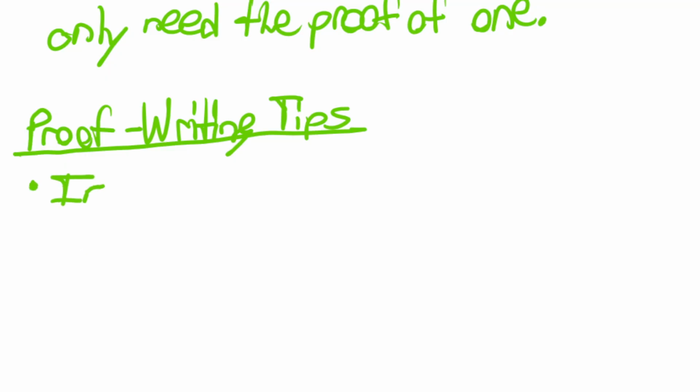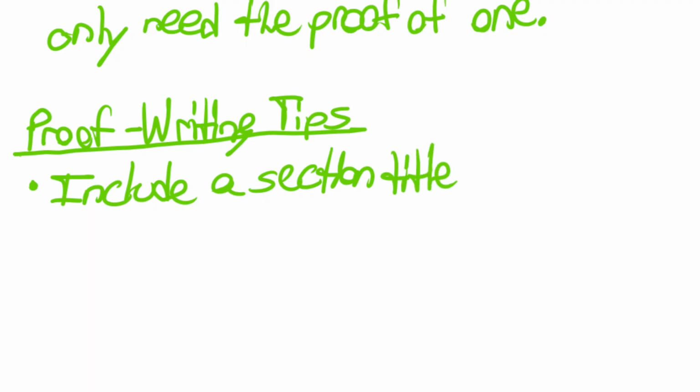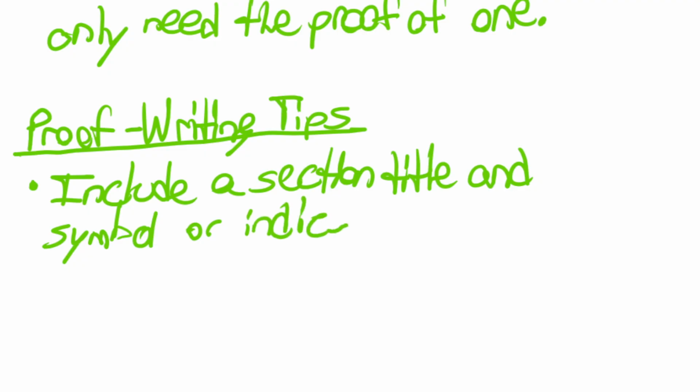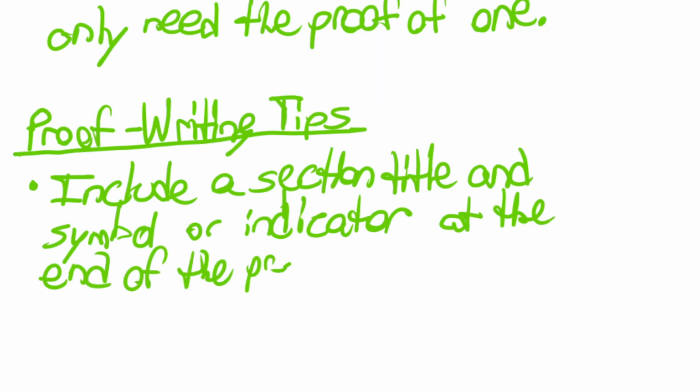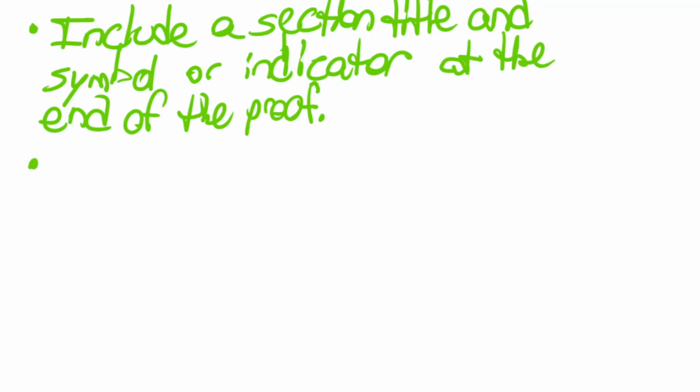So some proof writing tips is to include a section title and a symbol or indicator at the end of the proof. So this is real similar to when we did the examples in section 2, and we would include a section title for the solution and then draw a symbol to show the conclusion of the solution.